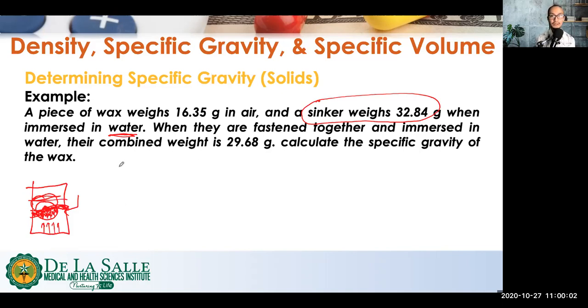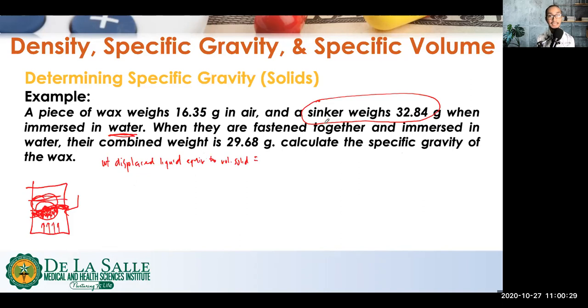So what we need to know is the weight of the displaced liquid equivalent to the volume of the solid. That is what we want to find out.